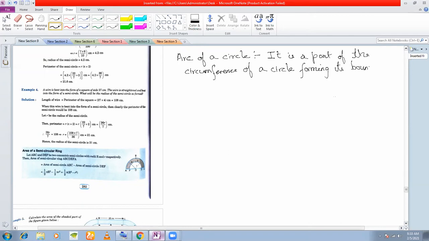It is a small part of the circumference, or you can say it is a small part of the perimeter.